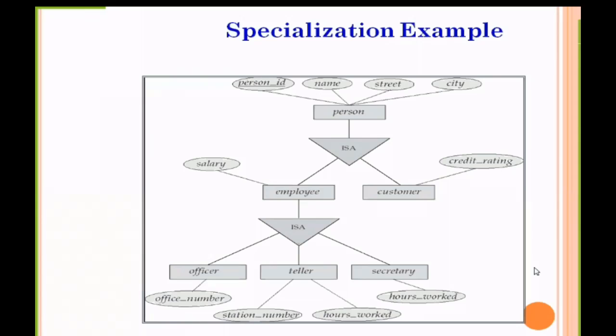These three tables are having all the properties of the employee class, but having additional properties like office number, station number, and worked, individually in the specialized class. So this is what specialization.